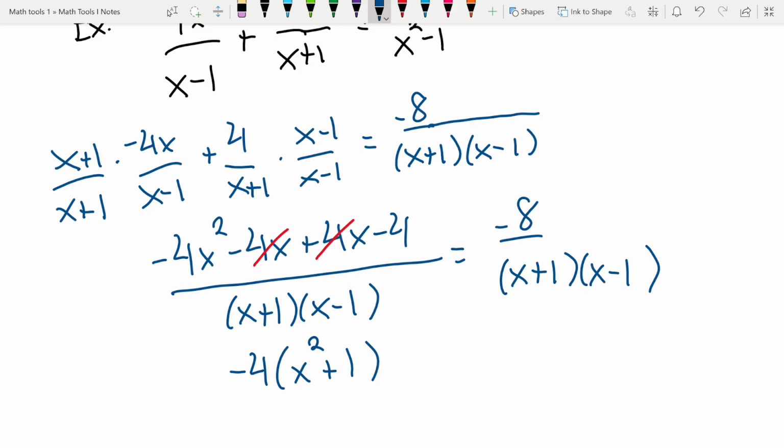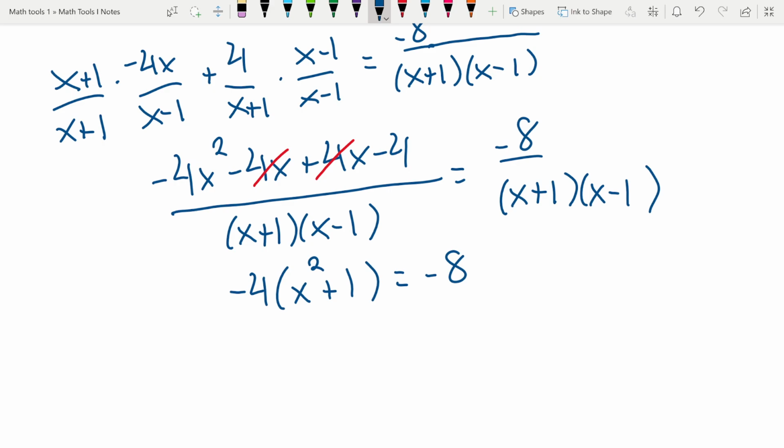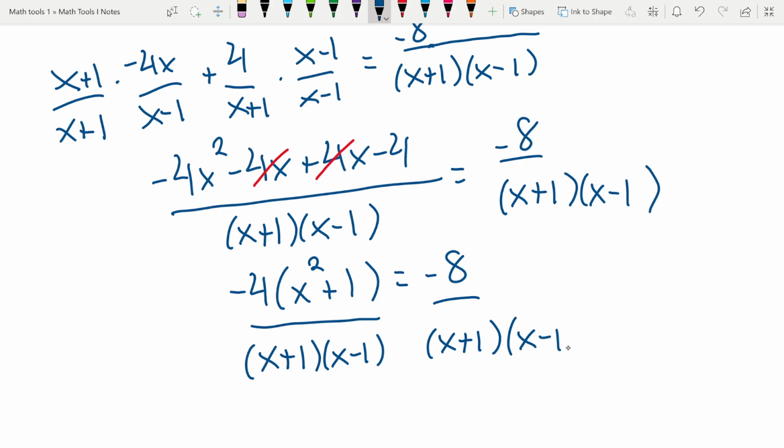Now, it's not very helpful, right? We can factor that out, but this isn't factorable. So it's just kind of a cleaner way to write it. Nothing more. Okay, x plus 1, x minus 1 over x plus 1, x minus 1.